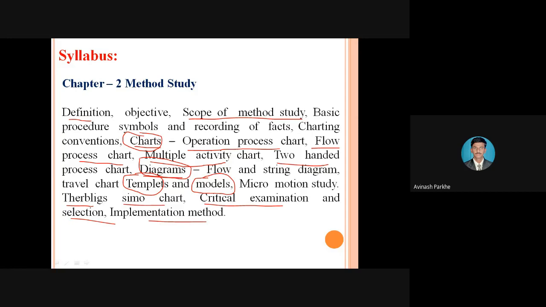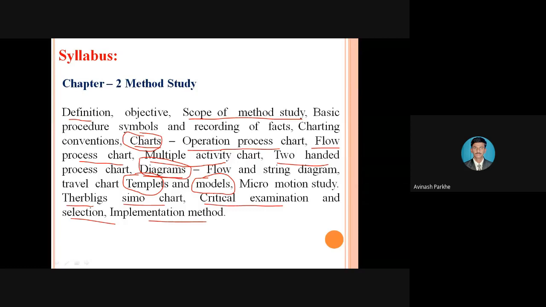Through these recording techniques we have to identify the distance traveled by the man, the distance traveled by the material, and whether there are any repetitive movements or unnecessary operations. All those movements, their distances, their travel from one station to another, are recorded in a symbolic manner.